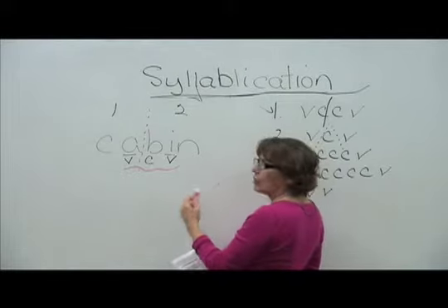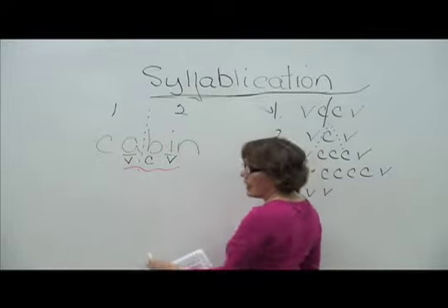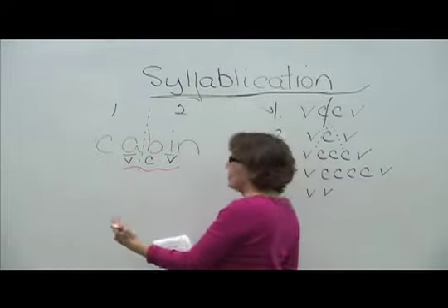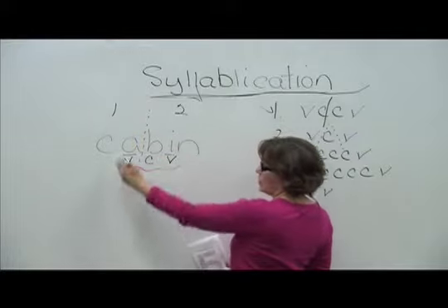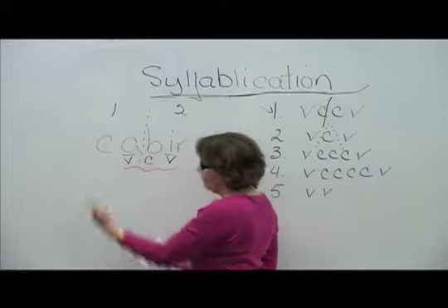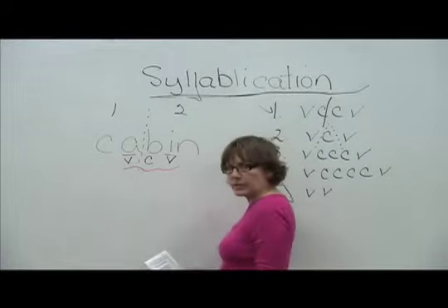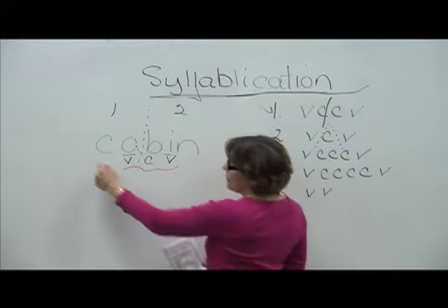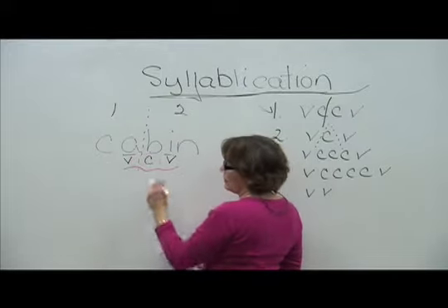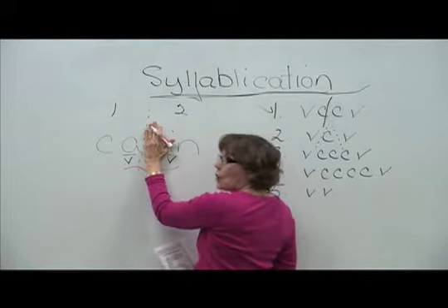And I know that it can go either before the consonant or after the consonant, which is why I have a dotted line. So what we have to do now, we know we've got two parts because we have two vowels that I can hear. I need to go back to my V, figure out what kind of syllable this is, because then that tells me how to pronounce it. So if this was a syllable that doesn't have a consonant, that leaves it right here, that's what we would call an open.